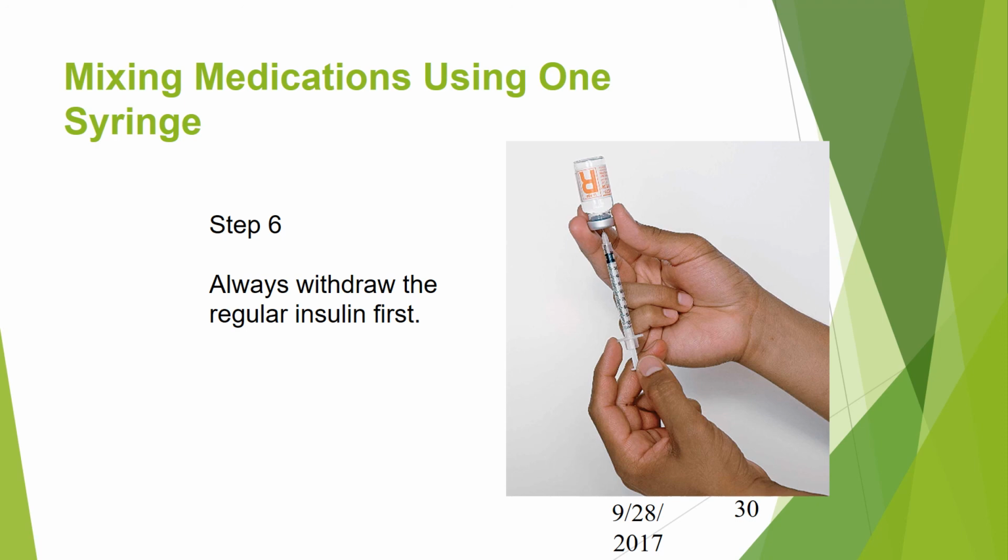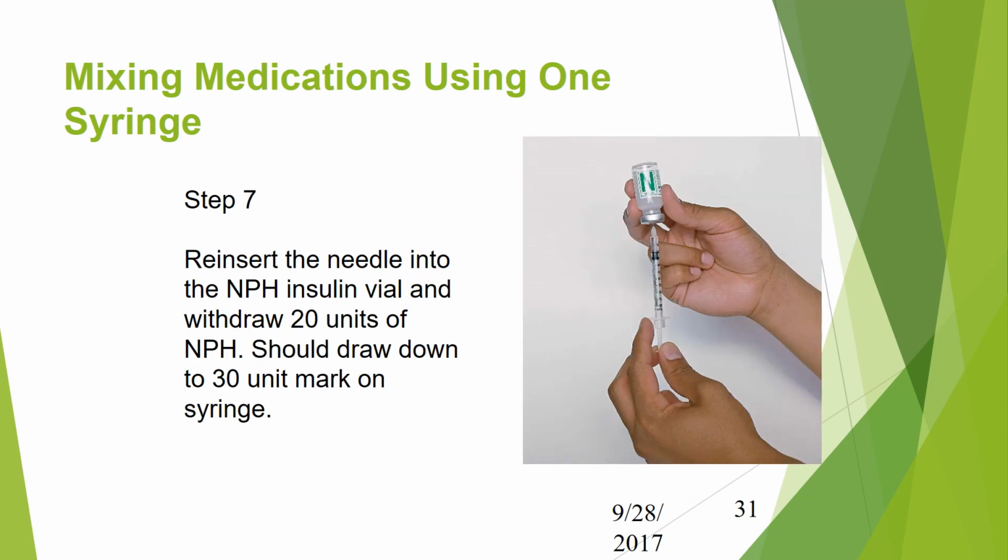And a big test question is to always withdraw the regular first, or always withdraw the N last. So you've got your 10 of regular in there, so you're entering the N bottle, and you want 20 of N, so you're going to pull the syringe plunger down to the 30 mark.